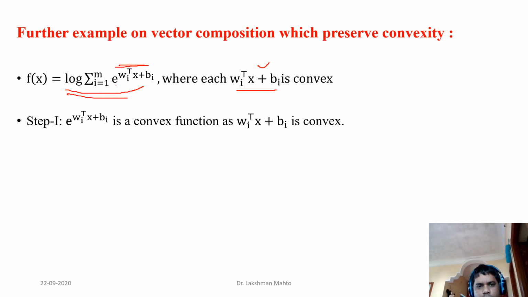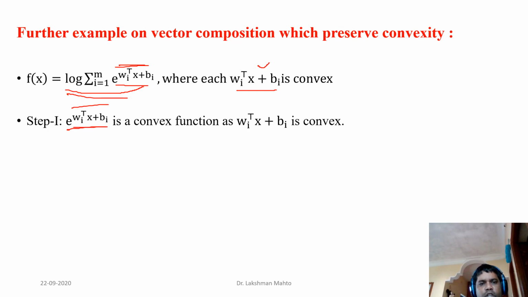So there is a step-by-step way to prove the convexity of this kind of function. First, we have to look into the innermost function, that means under the summation. It is the exponential of this linear or affine function, and we now know that an affine function is always a convex function.